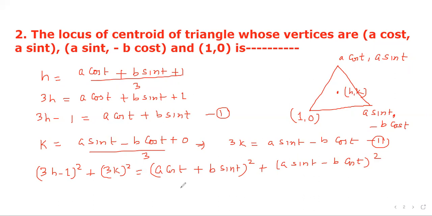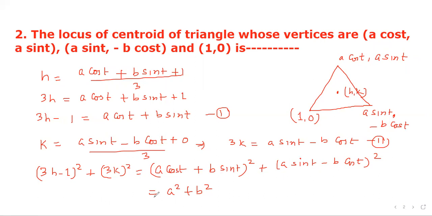If we simplify the RHS, we get just a square plus b square. Here we can apply the formula (a plus b) whole square and (a minus b) whole square, and cos square t plus sin square t equal to 1. We will get a square plus b square.